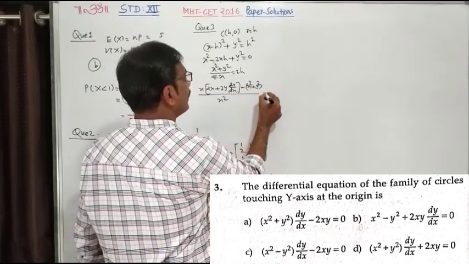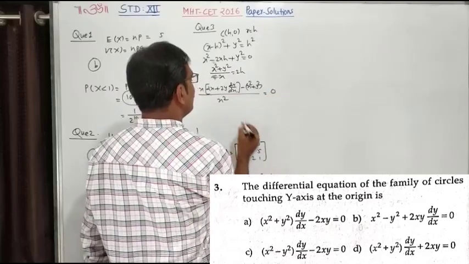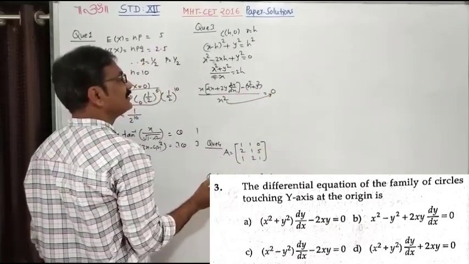Derivative of v is 1, 2h is a constant, its derivative is 0, transferred to this, the answer is 0.